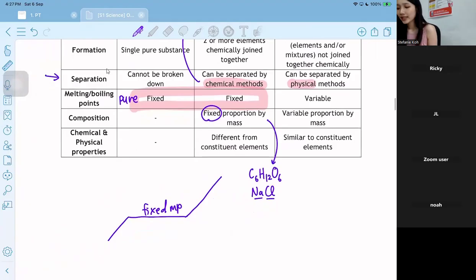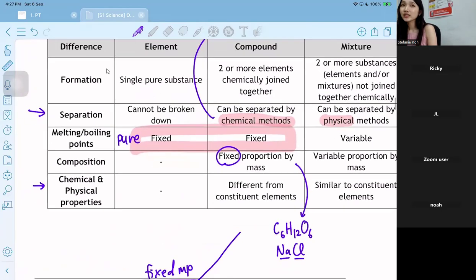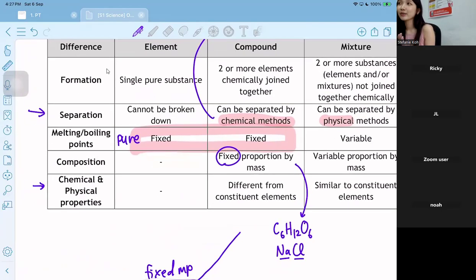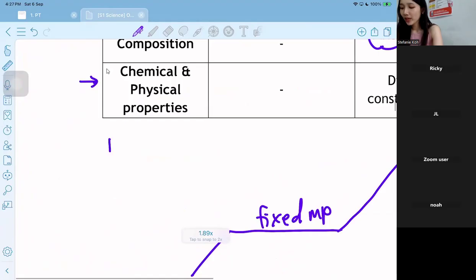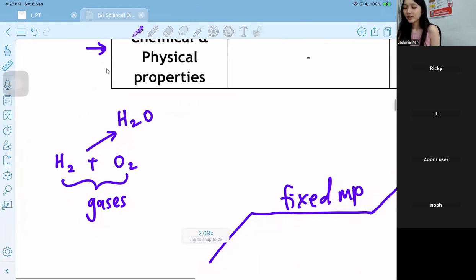So that is variable. There is no fixed amount. And then the last one you need to know is that for compounds, they no longer behave the same as the elements that they are made up of. Example, to make water, you need hydrogen and oxygen. These two, for example, are gases. Then your water is in liquid state.